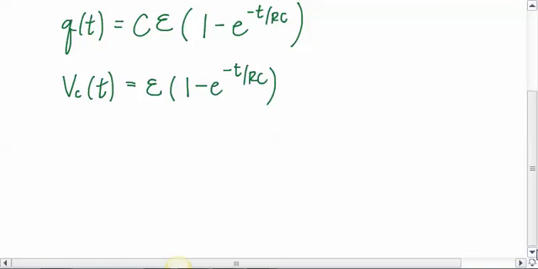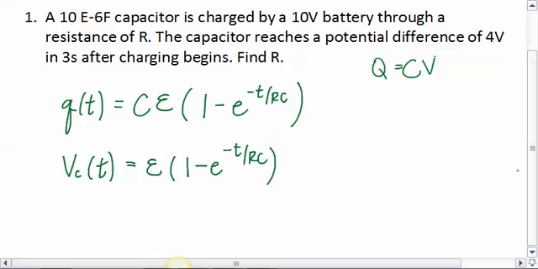Yeah? Do we have the voltage at a particular time? We got 4 volts is equal to 10 times 1 minus e to the negative 3 over R times C.